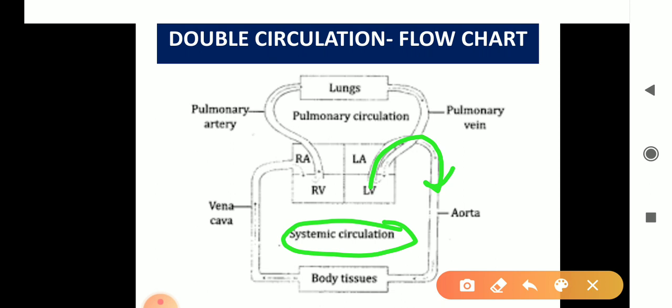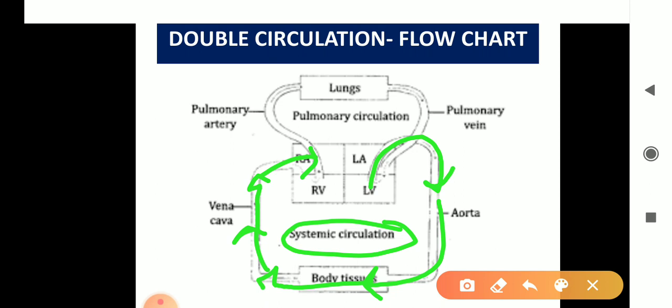The aorta divides into the arteries, then arteries divide into the arterioles, and finally these divide into the capillaries and thereby supply oxygenated blood to the various body parts. From there, the deoxygenated blood is collected by the venules and they join together to form the veins, then finally the vena cava, and again it enters back to the heart. This cycle is called systemic circulation.